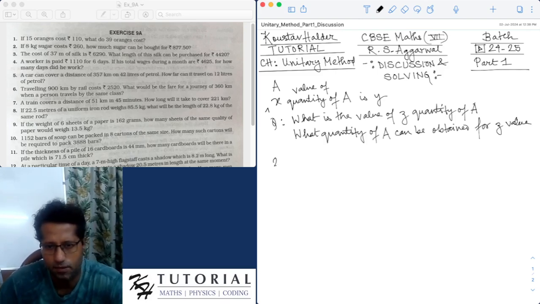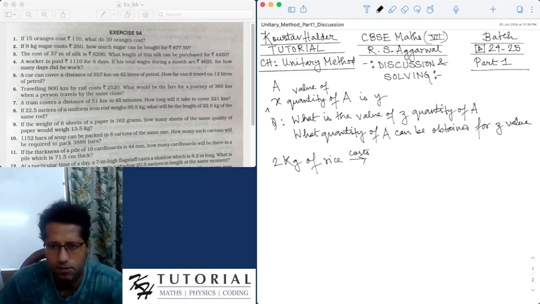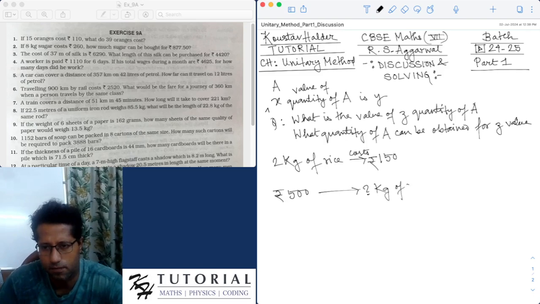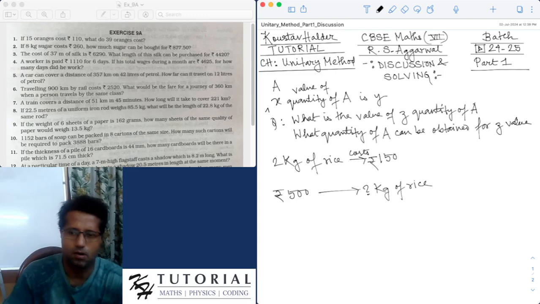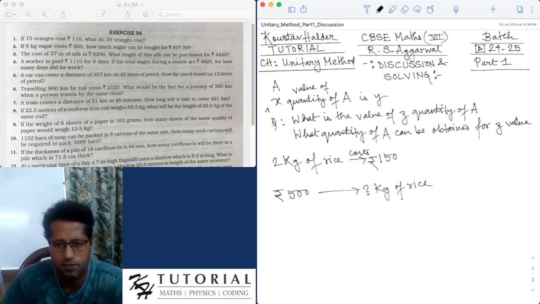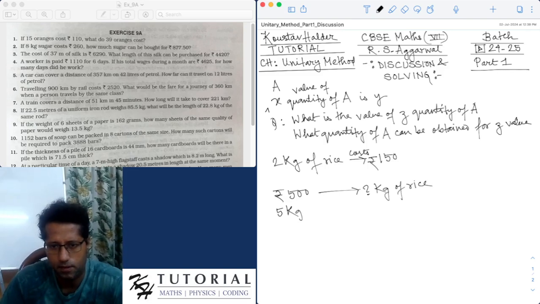Let's say it is given that 2 kg of rice costs 150 rupees, and you are asked how much rice you can have for 500 rupees, or 5 kg of rice costs how much.